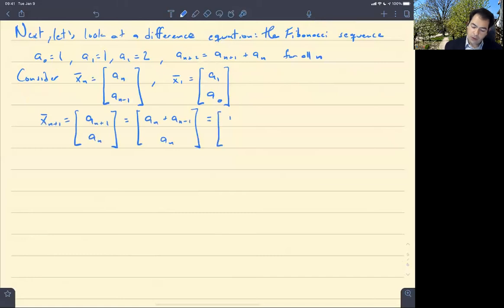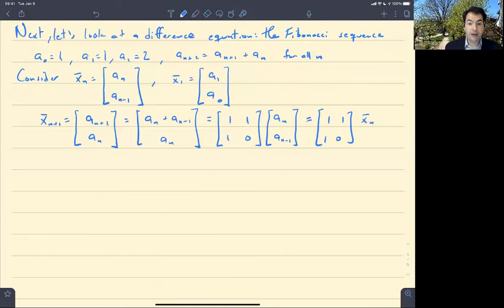So we can write that as the matrix 1, 1, 1, 0 acting on the vector a_n, a_(n-1), which is to say that we have 1, 1, 1, 0 multiplying the vector x_n. Okay, so this is our relation for the vectors. You get one vector from the previous one by multiplying it by this matrix, and this captures the equation we had for the entries of the vectors.